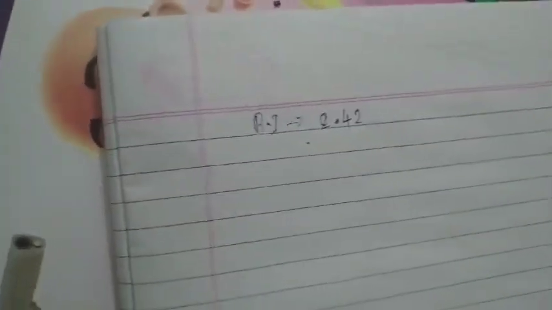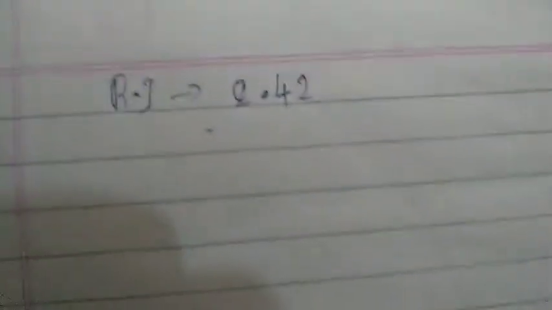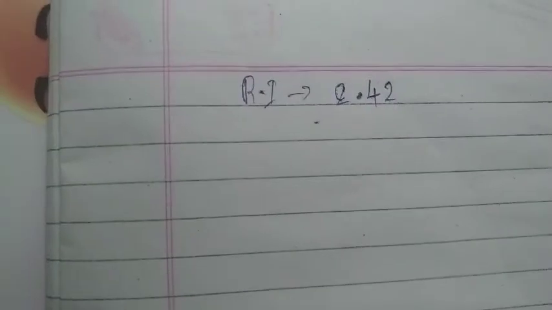This is one application. See the next application, diamonds. You know, the refractive index of diamond is 2.42. It is the highest refractive index for an object existing on the earth.